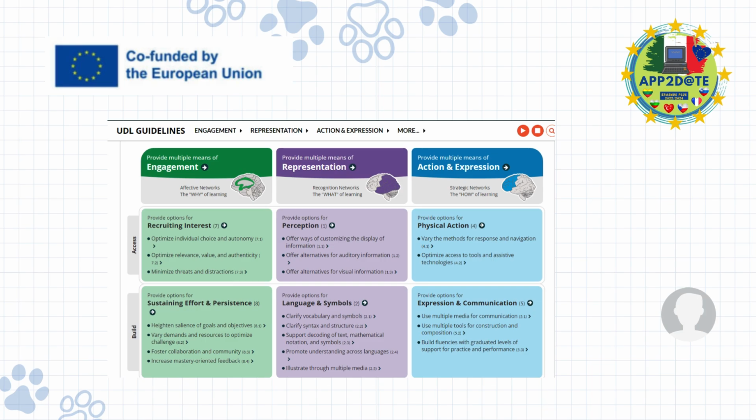The blue one, provide multiple means of action and expression. Strategic networks, the how of learning.